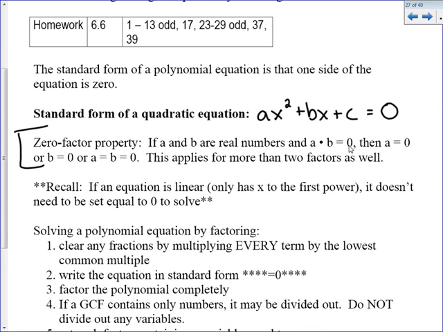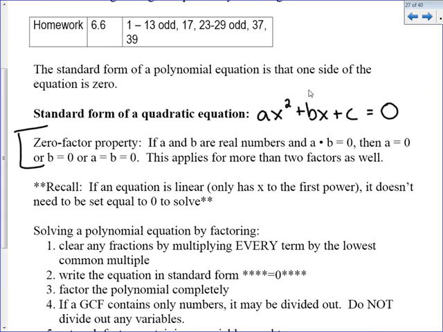Like I'd have to have 5 times 0. Or 0 times 6. 0 has to be part of that multiplication problem in order for the answer to be 0. Now, what have we been doing when we factored? We've just been setting up multiplication problems the whole time. That's how those two things tie together. Factoring sets up multiplication problems. So if I want a multiplication problem equal to 0, all I have to do is factor.